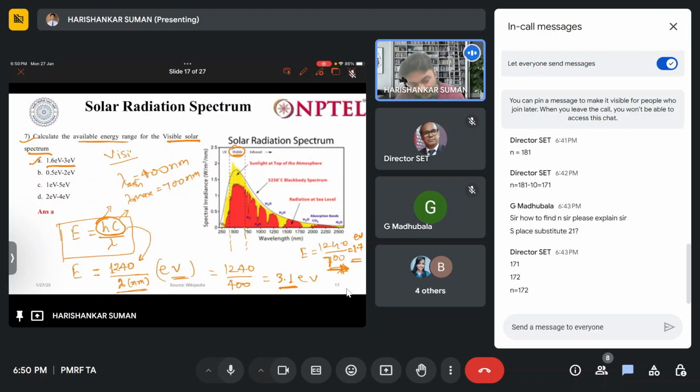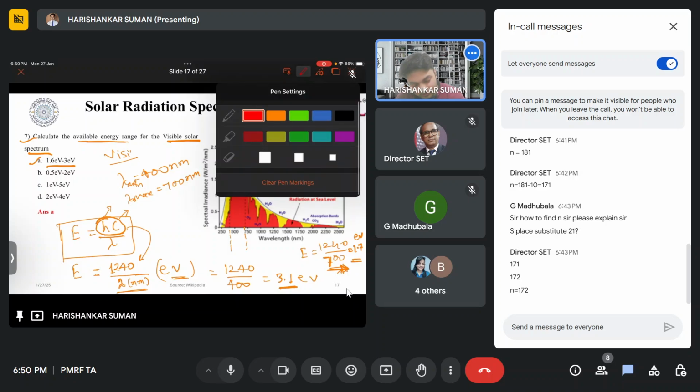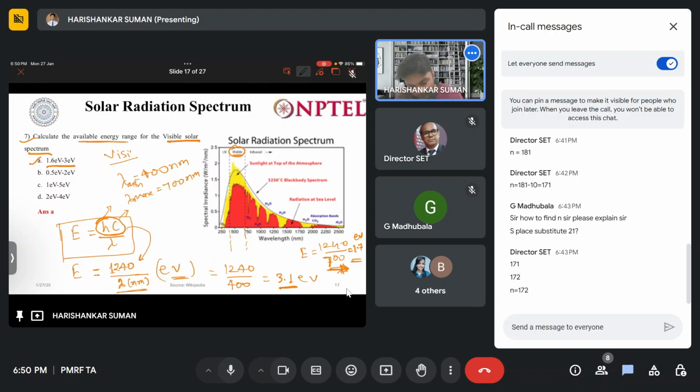So let me ask one question here also. Let's say I have a material whose band gap lies in the visible range.